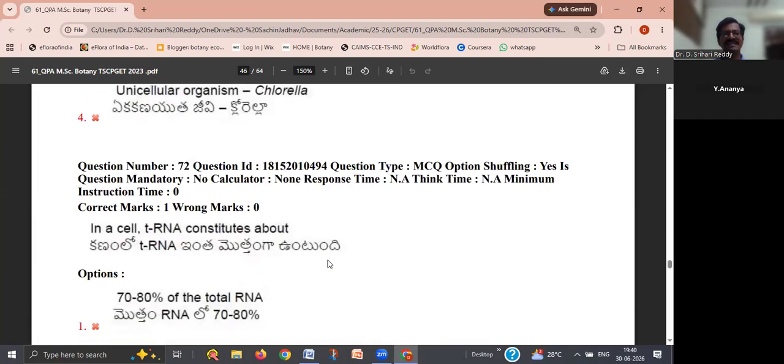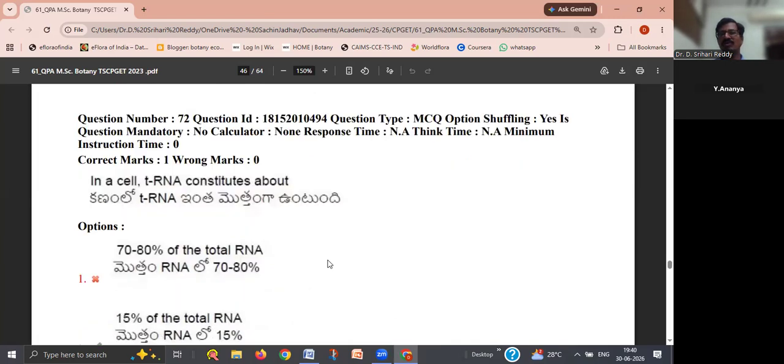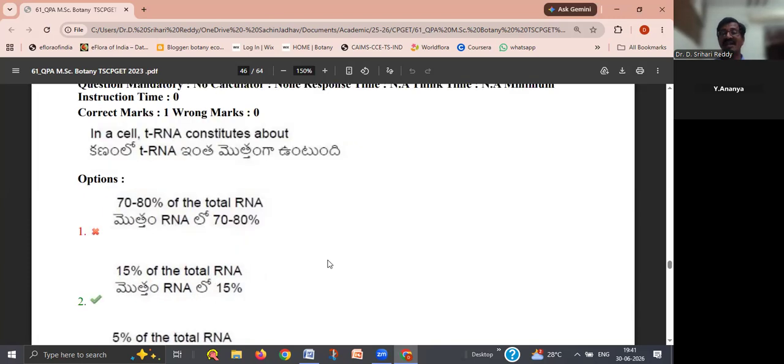And next, in a cell, tRNA constitutes about. So they are asking about the percentage ratio. There are three types of RNA: tRNA, mRNA, rRNA, where rRNA occupies most, 70 to 80% or more, ribosomal RNA.